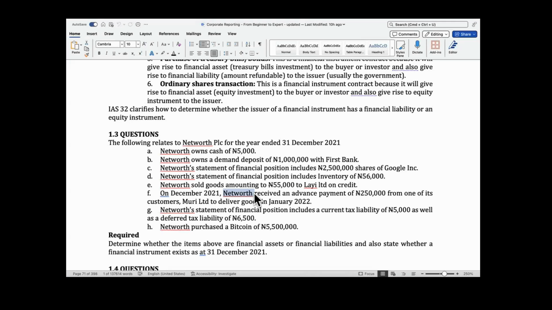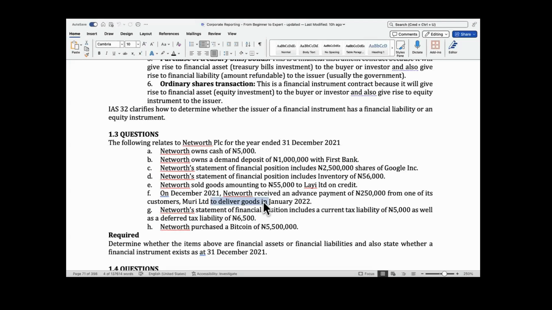But this liability in question is not a financial liability. You cannot classify it as a financial liability because the obligation Networth has is to deliver those goods. It's clear here: to deliver goods. For you to have a financial liability, the obligation must be to deliver cash, not to deliver goods.